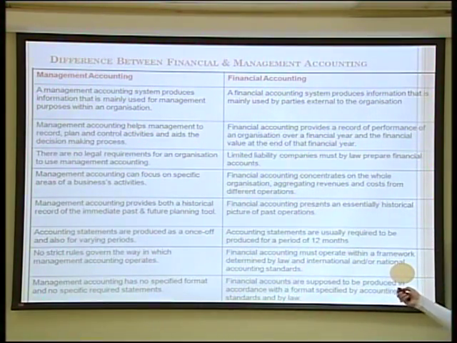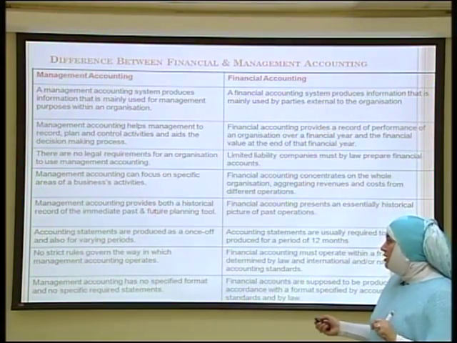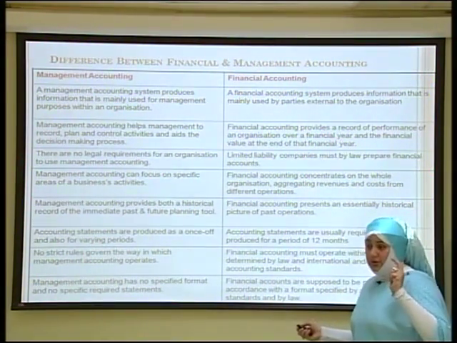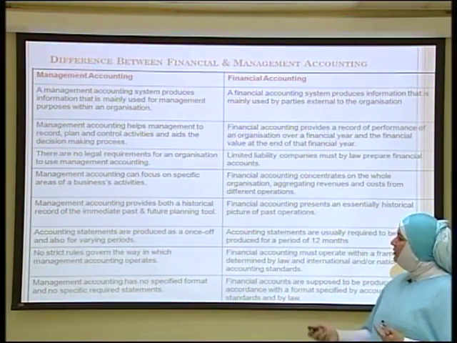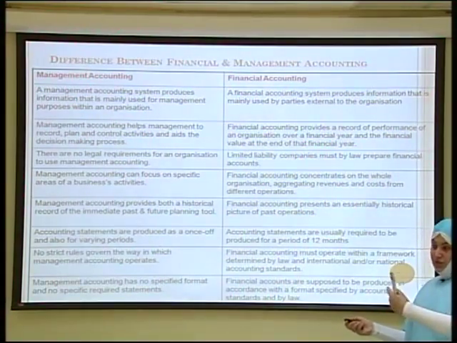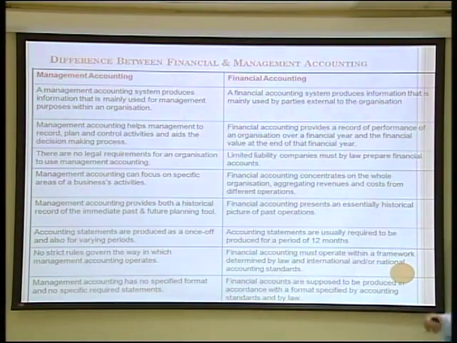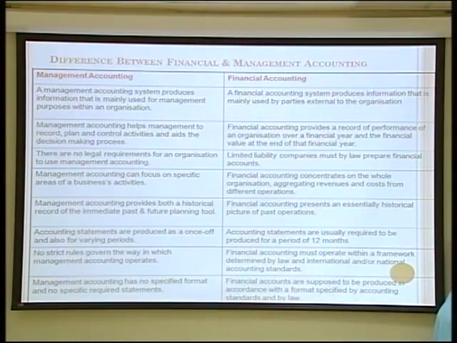So financial accounting presents an essentially historical picture of past operations. Only the past. Here, of course, it is the immediate past and the future, because we need to make decisions for the future. Sometimes we forecast in order to launch a product or to buy a machine. So this is management accounting.